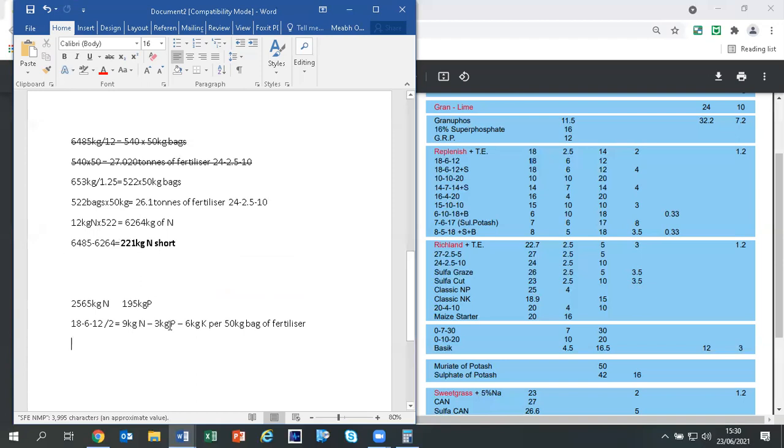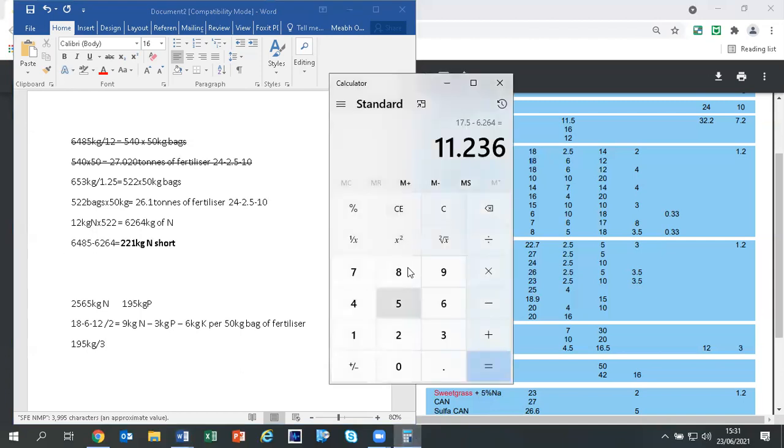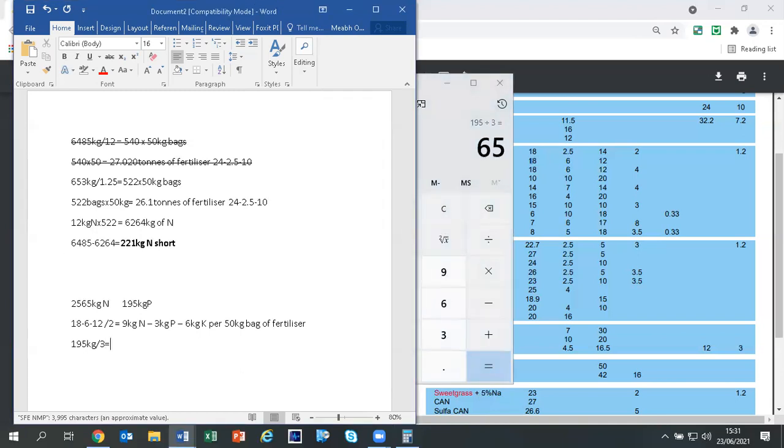So if we need 195 kilograms of phosphorus, and each bag contains 3 kilograms of phosphorus, 195 divided by 3 will tell us how many 50 kilo bags we need. 195 divided by 3 tells us that we will need 65 50 kg bags of 18, 6, 12 to hit our phosphorus requirement.